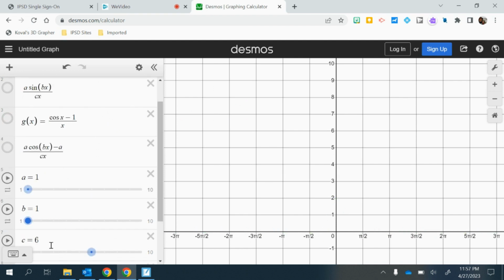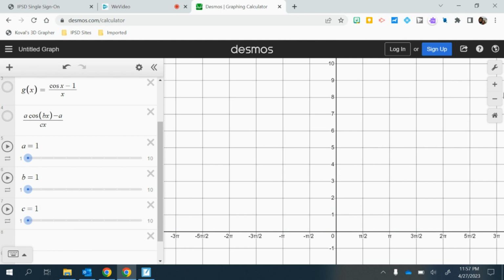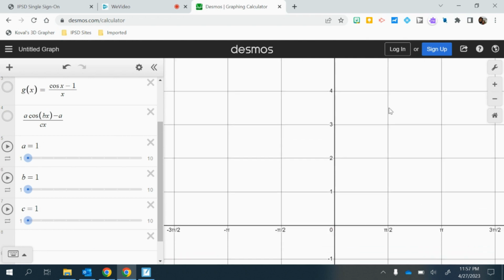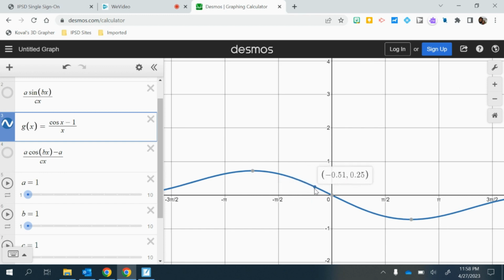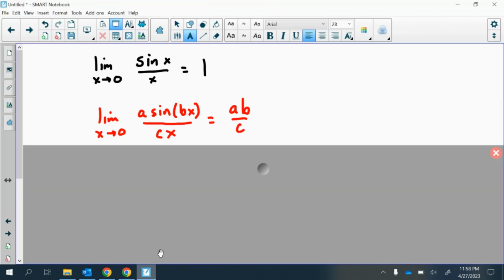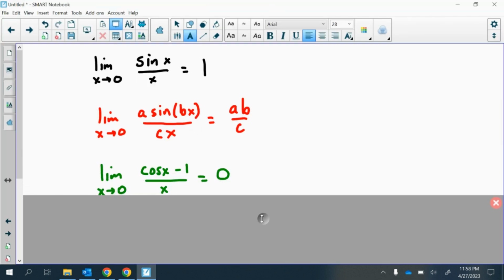Now, if I take my other function, cosine x minus 1 over x, it looks like I'm approaching 0. The value of that is undefined at 0, but this function does look like it approaches 0 as x approaches 0.